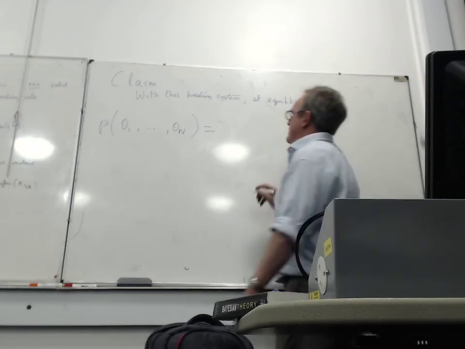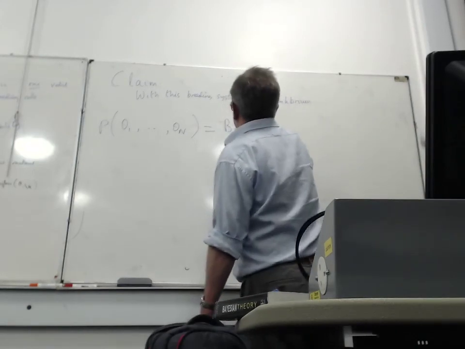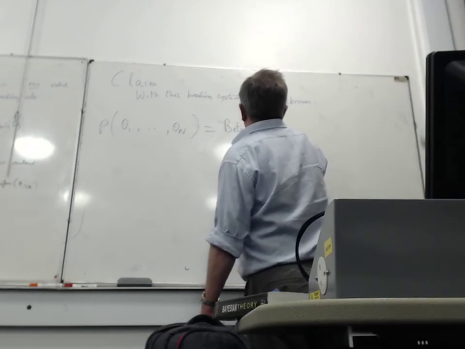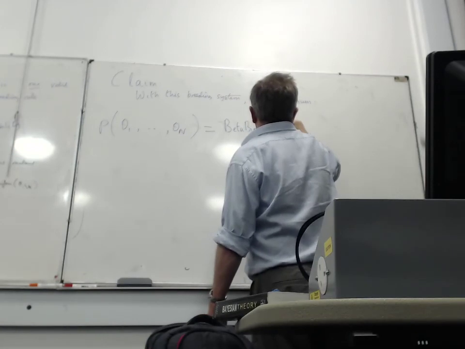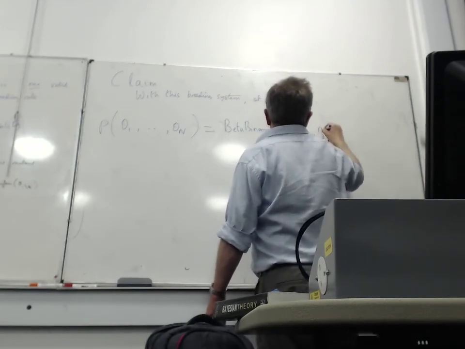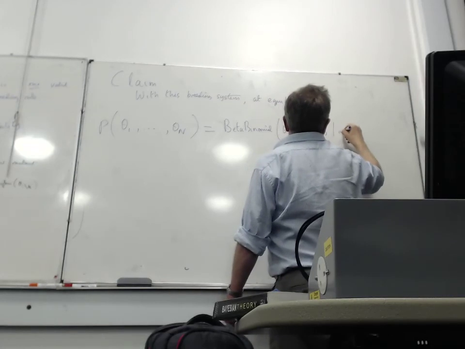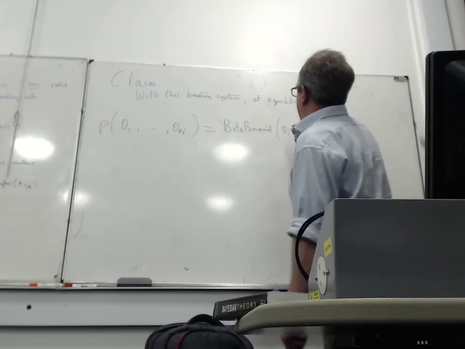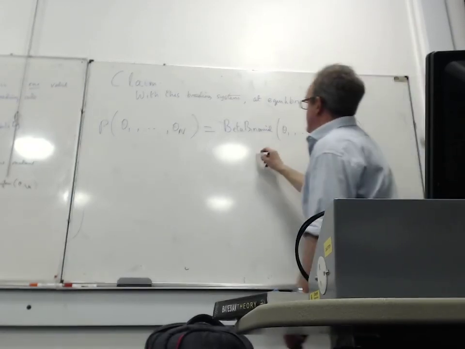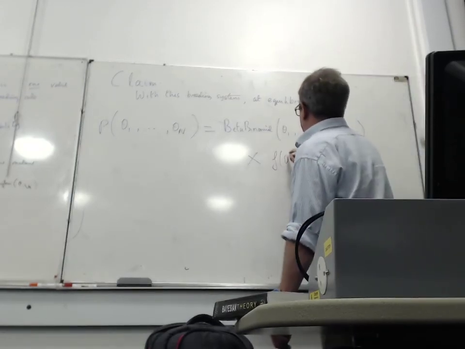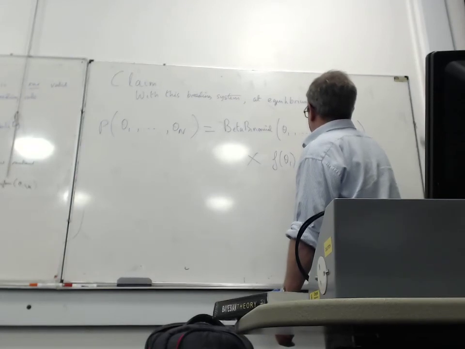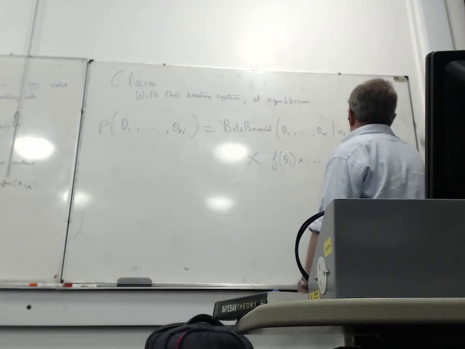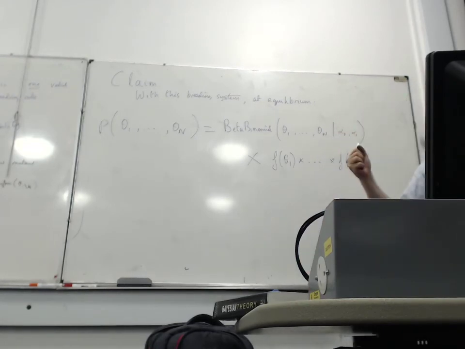Let's call it beta binomial, of theta 1 to theta n given alpha 0, alpha 1, times f of theta 1 times, right, so it all factorizes.